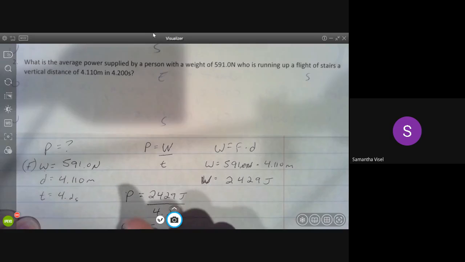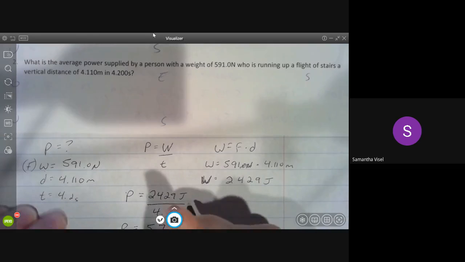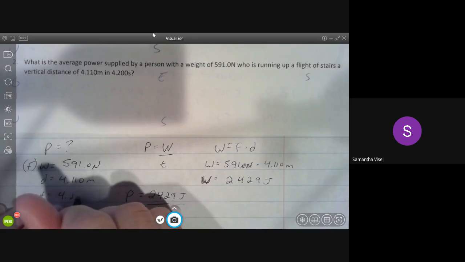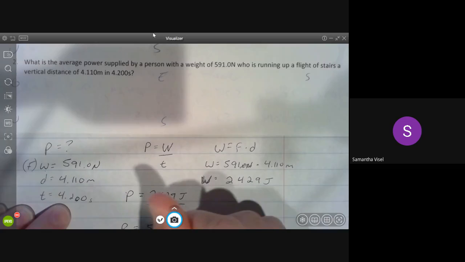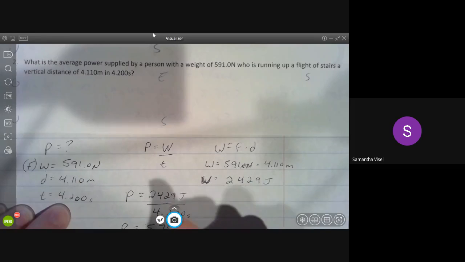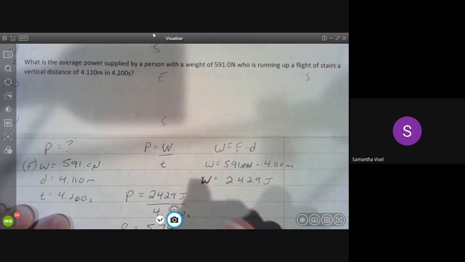That gives me 578. I guess technically I should probably include those zeros since those are significant, and that's going to help us with rounding our answer. So 578.3 watts.